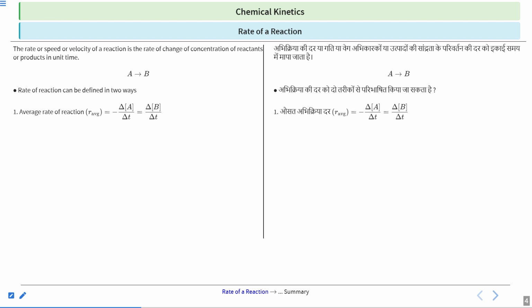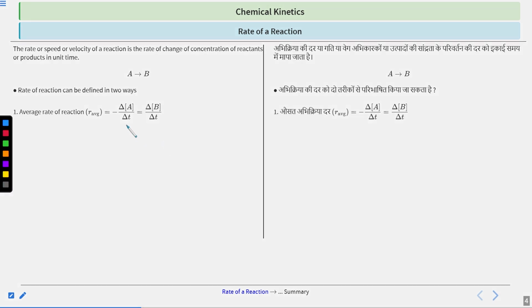So to keep that sign convention good, we put a negative sign against this expression. And how do we get a positive value? Very clear, we are going from A to B, so the concentration of reactant is decreasing, so the final must be smaller than the initial. So final minus initial will give you a negative value, then negative multiplied by a negative will give you a positive value overall. Clear?